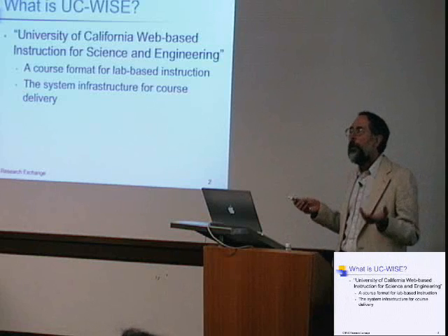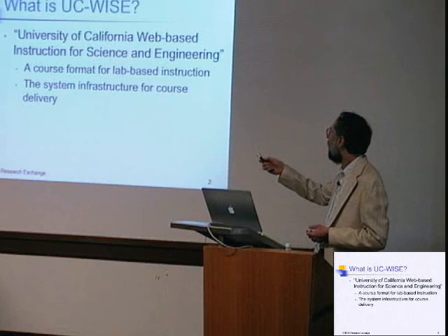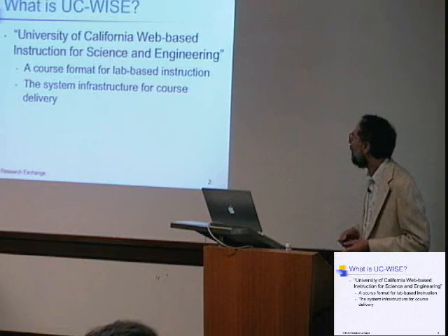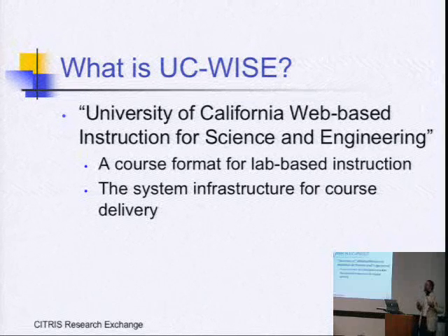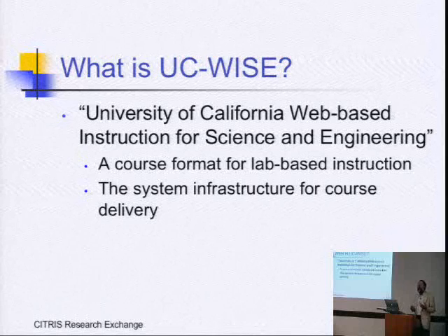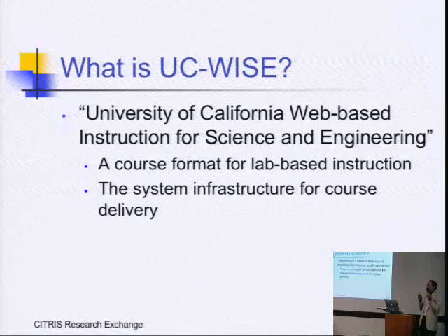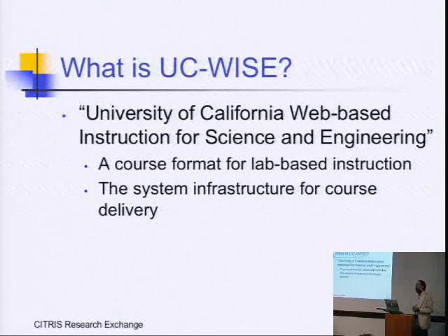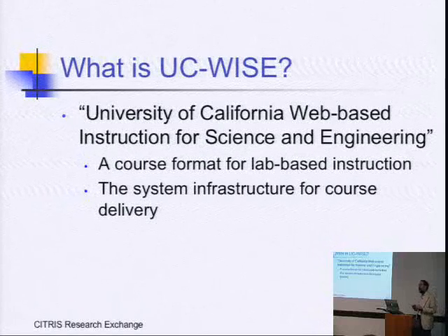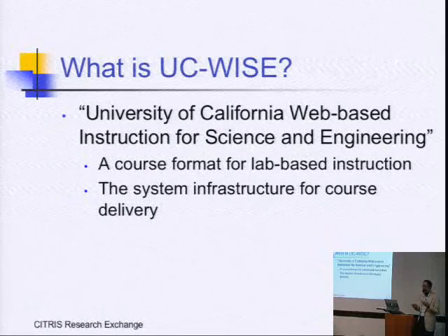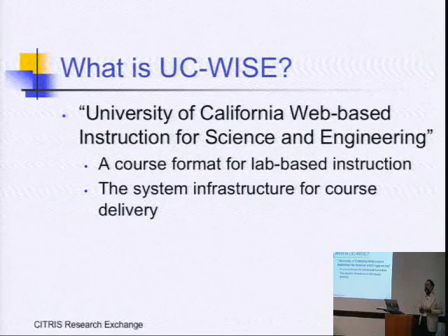So first thing is what UCWISE is, and there's the acronym, University of California Web-Based Instruction for Science and Engineering. And what I'm going to be talking about is UCWISE in two flavors. One is we often talk about UCWISE courses, and I'll tell you how those are organized and how they differ from traditionally organized courses.